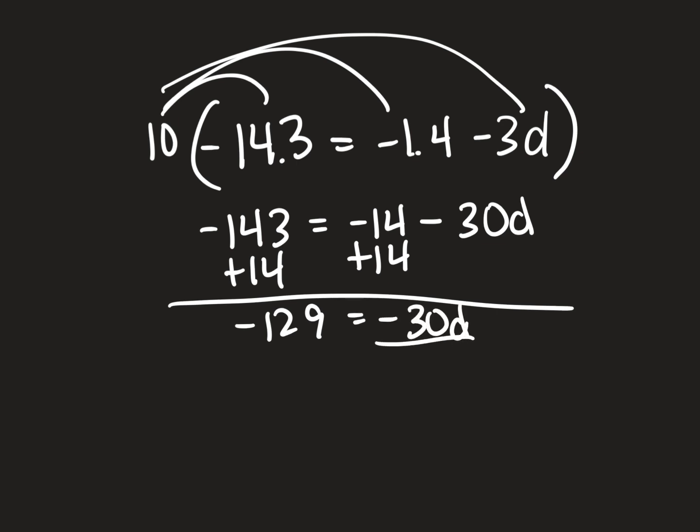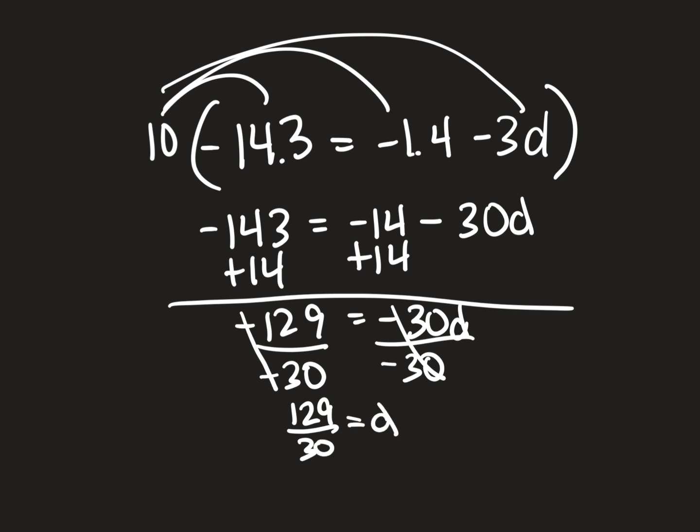And this should look very familiar from the previous way I solved it, because when we divide by negative 30, negative divided by a negative is a positive, and 129 thirtieths is equal to d. But I would expect you to reduce that, since 129 and 30 both have a common factor of 3. That's 43 over 10.